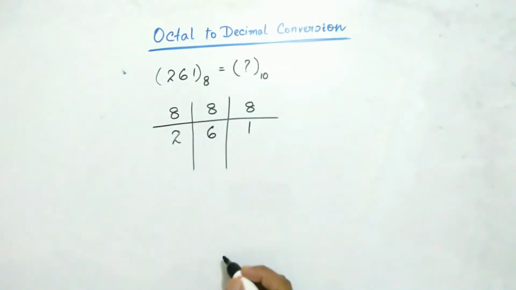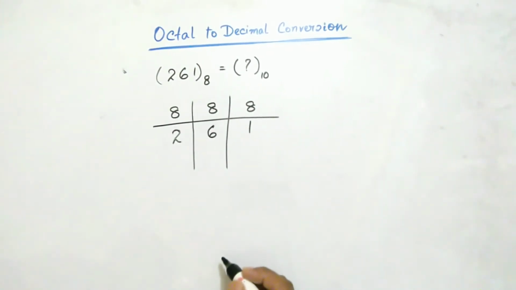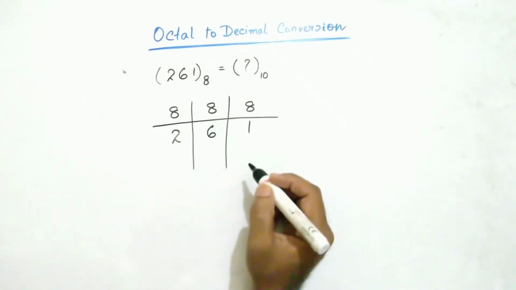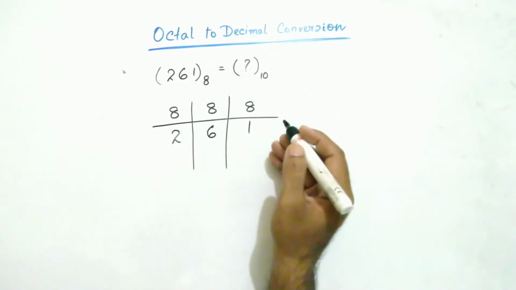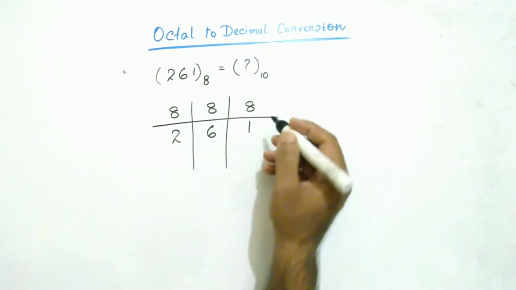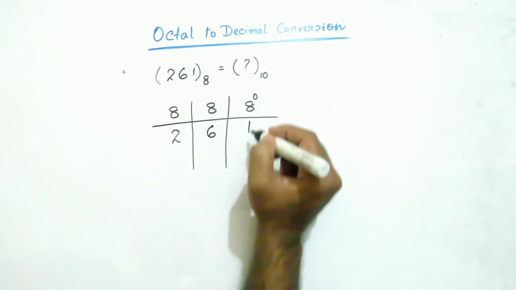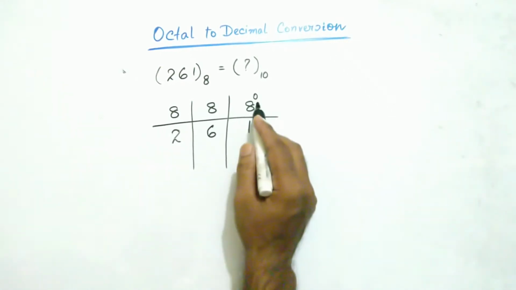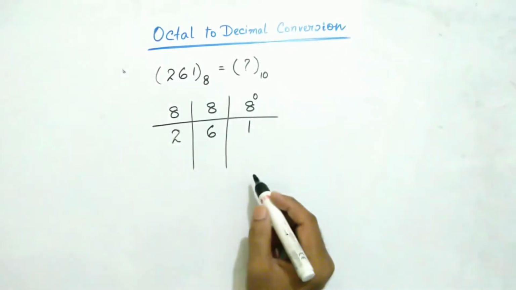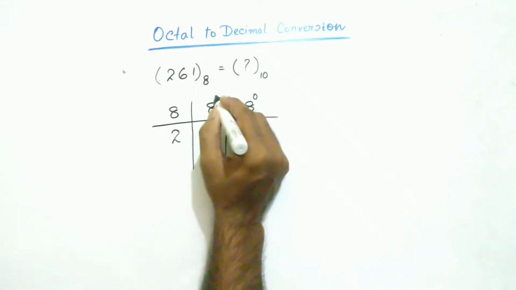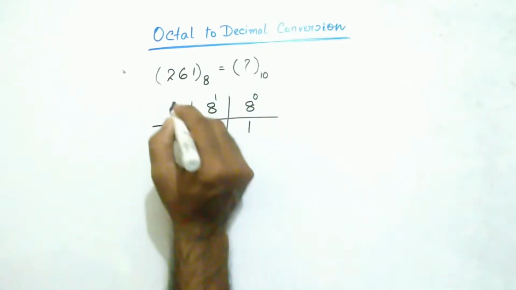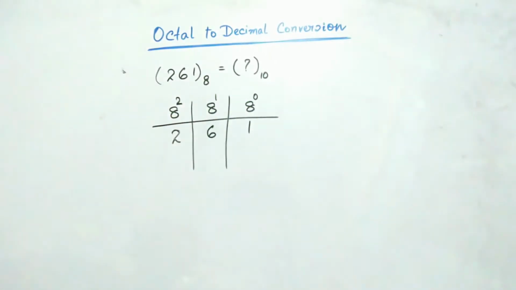Now after this we have to put the positional weightage of each and every octal digit. Starting from the least significant bit, the LSB of this number has the positional weightage equivalent to 8 to the power 0, and as we move towards the MSB, the power increases.